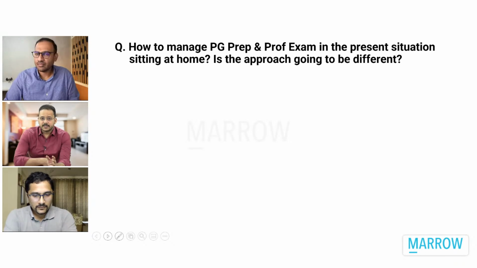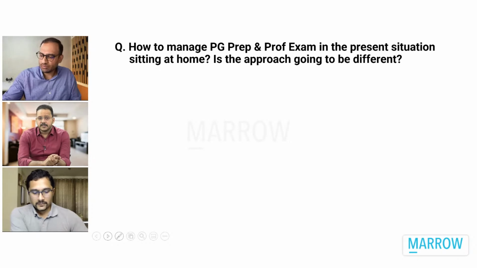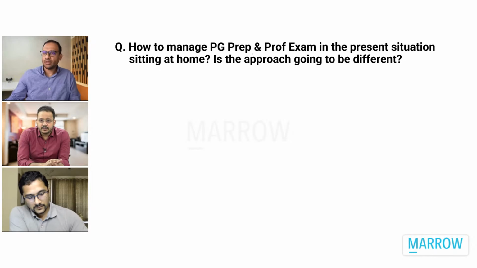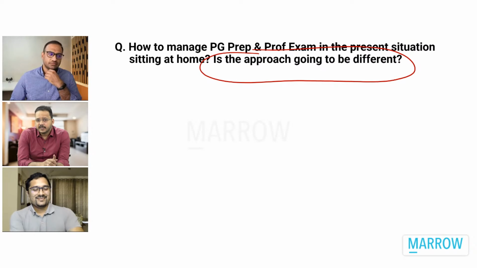So guys, I'd like to add one thing here: is the approach going to be different? See, the problem now is you're living a life which you had never known or never seen, right? So there is a lot of anhedonia around. You'll not be enjoying things. And in these times, we humans try to find excuses to lower our guard, right?